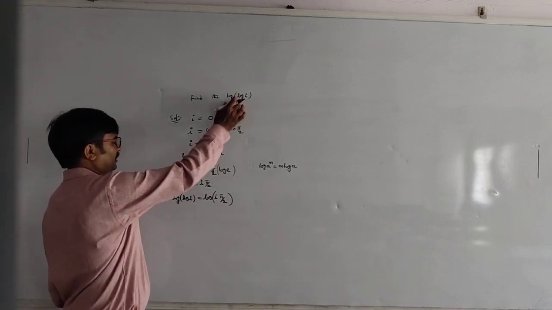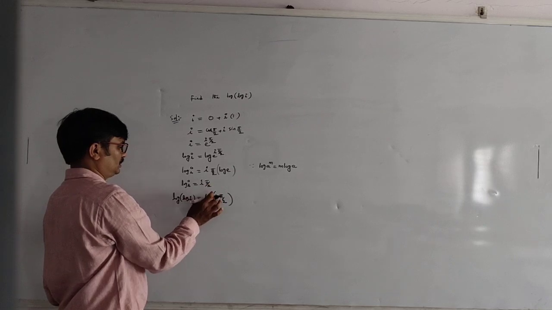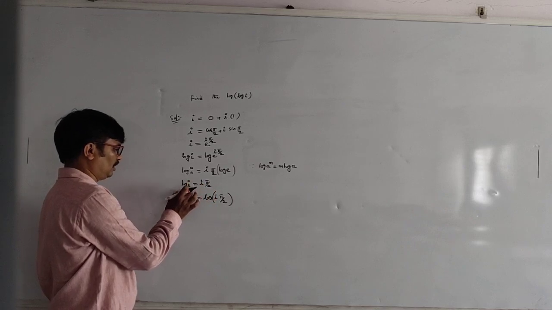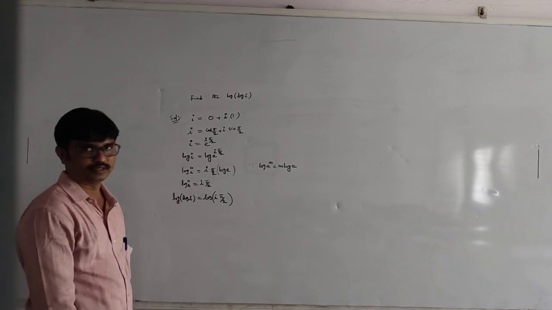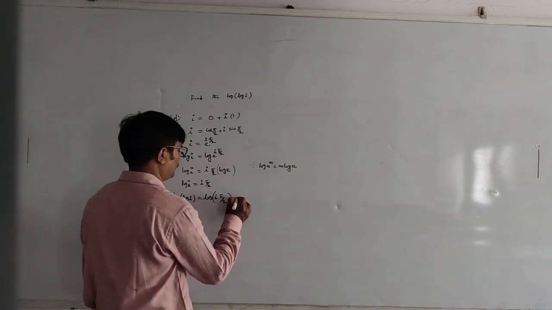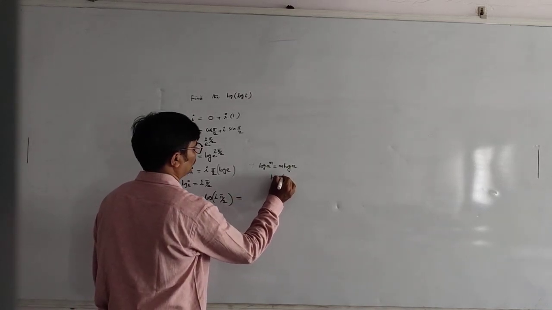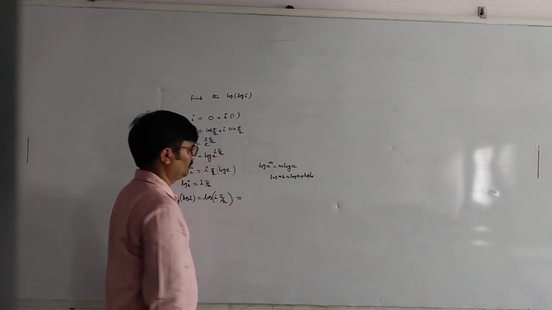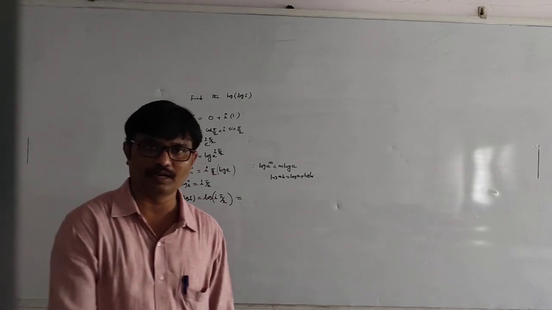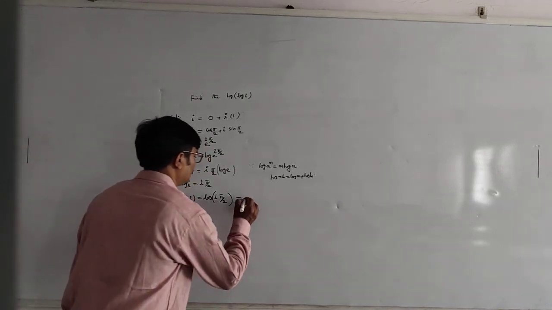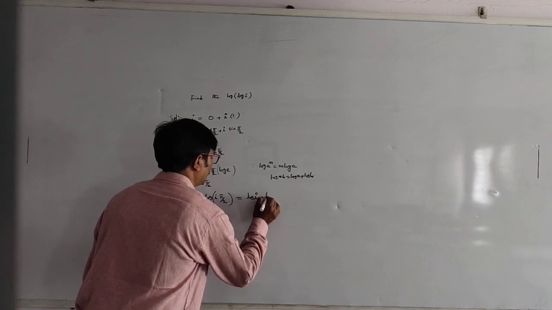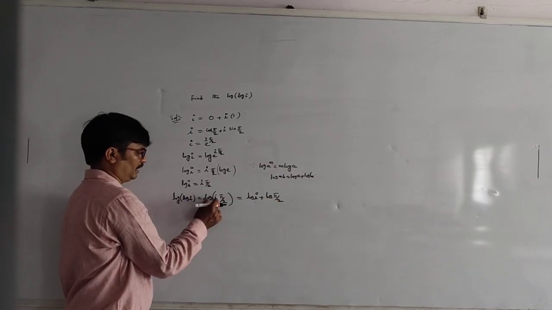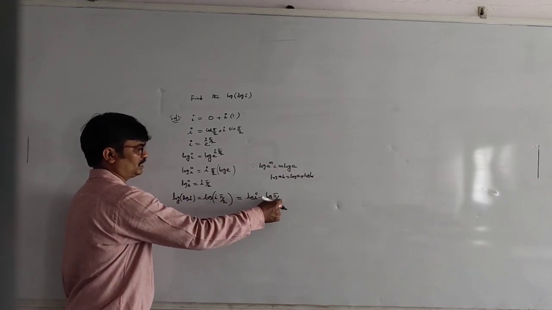We can write this using log of AB equals log A plus log B, so it is log of i plus log of pi by 2.